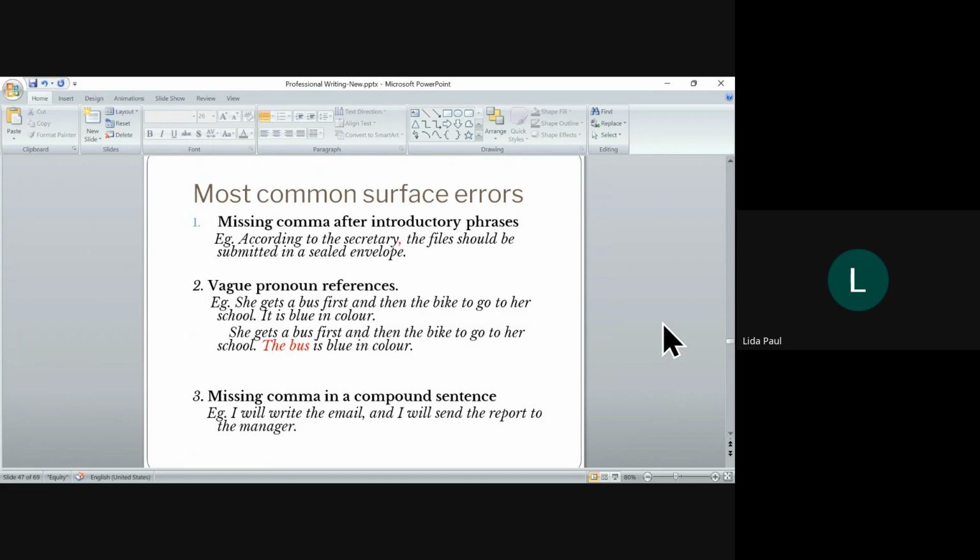Then comes vague pronoun references. Please read those two sentences and tell me what it is trying to tell you. She gets a bus first and then the bike to go to her school. It is blue in color.